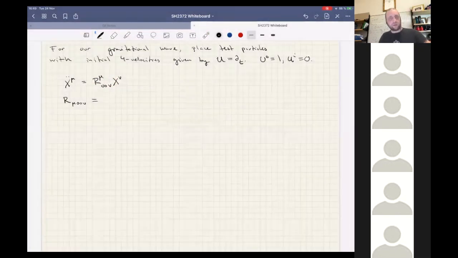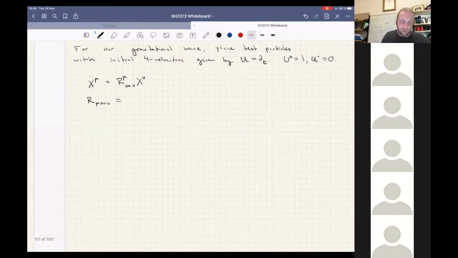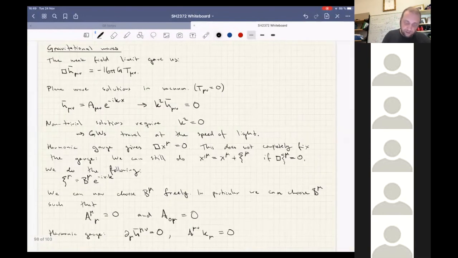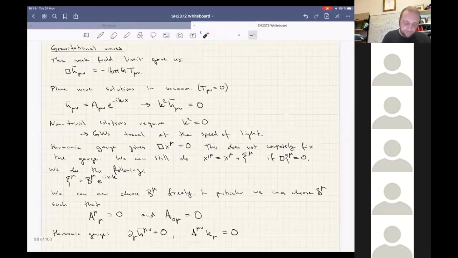And if you do that, we're going to be able to express this in terms of the metric perturbation, which means that we're going to be able to express it in terms of A. Because again, we have now assumed that we are in this kind of plane wave solution.